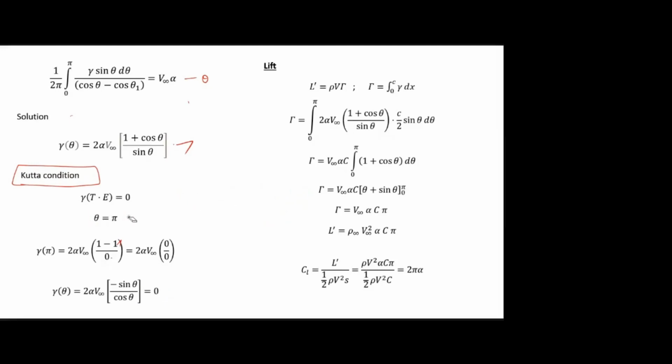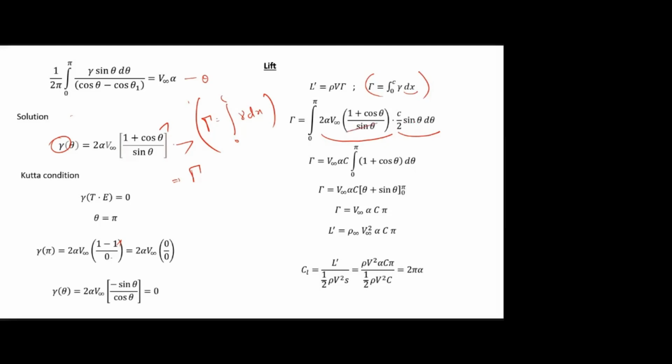So as I said, once you know the small gamma, we are going to find the capital gamma. You know the relation from the vortex sheet. Capital gamma is equal to integral 0 to c gamma dx, right? Gamma is given, and instead of dx we can write c by 2 sin theta d theta.